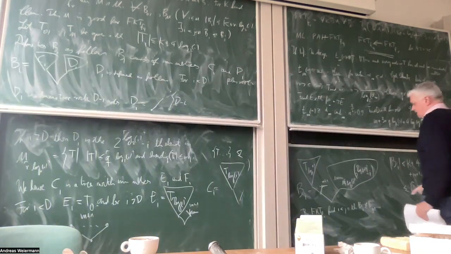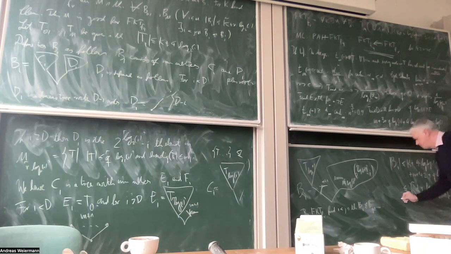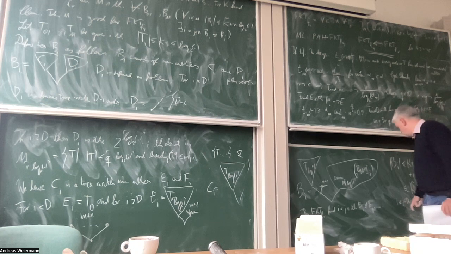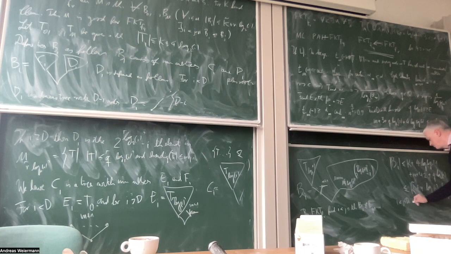Could be that I and J are smaller than D. That's impossible because the DIs in the beginning were just cutting off nodes. So the number of nodes in BI is bigger than the number of nodes in BJ. So BI is not embedded into BJ. So this is not possible.